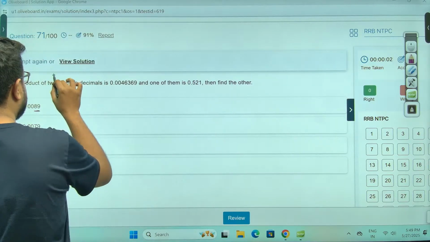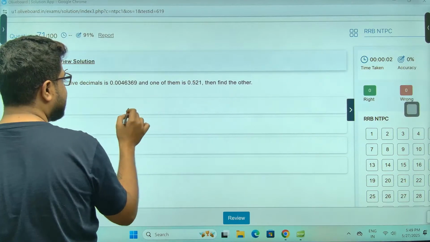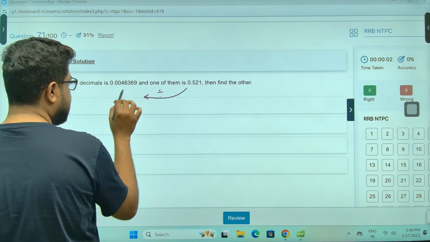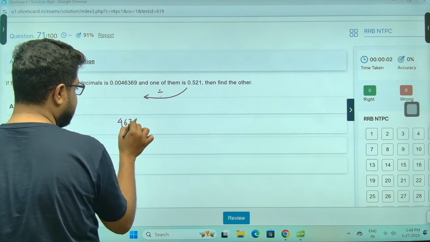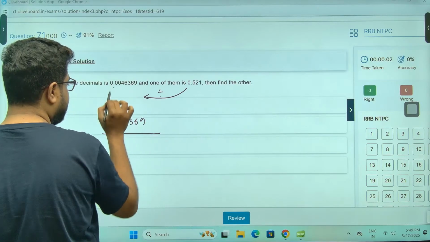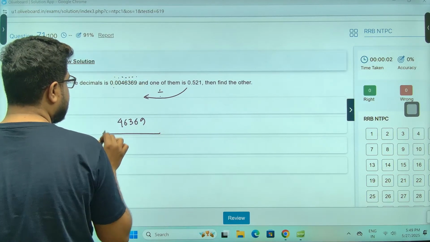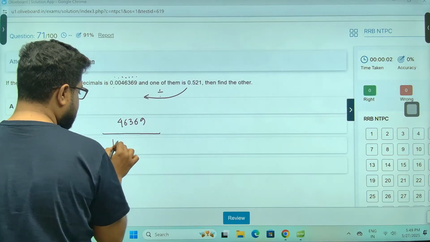So the product is this, and one of them is this. The other one will be this divided by this. This is division. Sir, let me write it. 46369 divided by, for the decimals, 1, 2, 3, 4, 5, 6, 7, so 7 zeros.